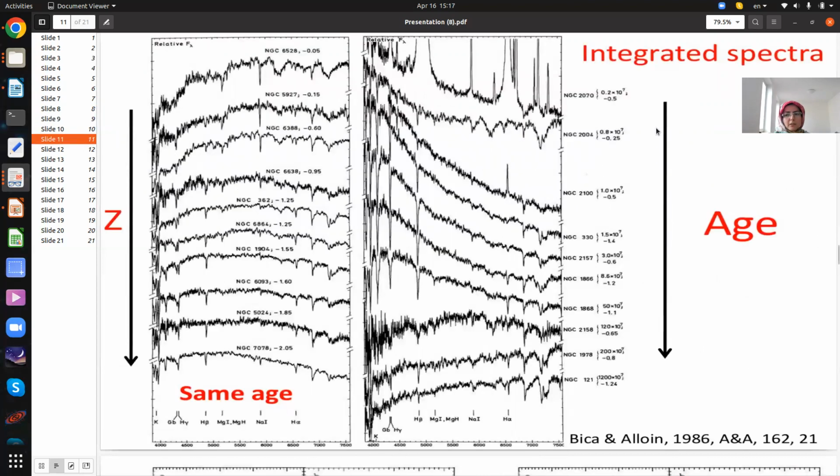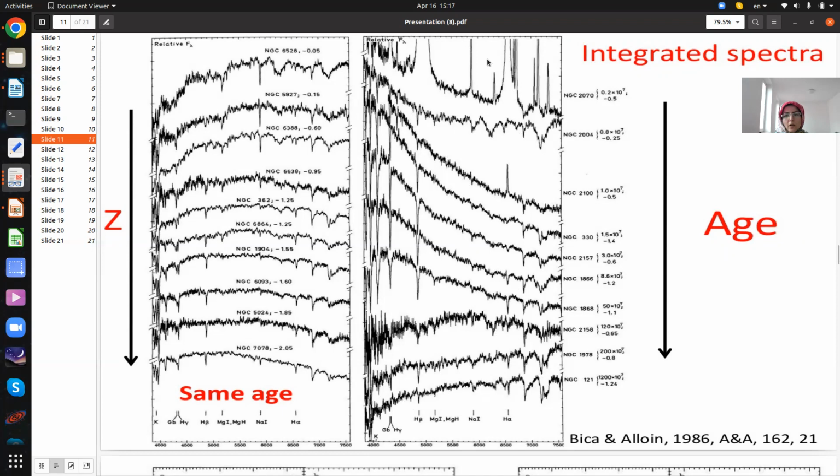Here you see the integrated spectra by age and metallicity. Here we have young clusters, then they go to the age of the old clusters. So we have old clusters here at the bottom, and young clusters here at the top. You see the lines of young clusters and the lines of old clusters.